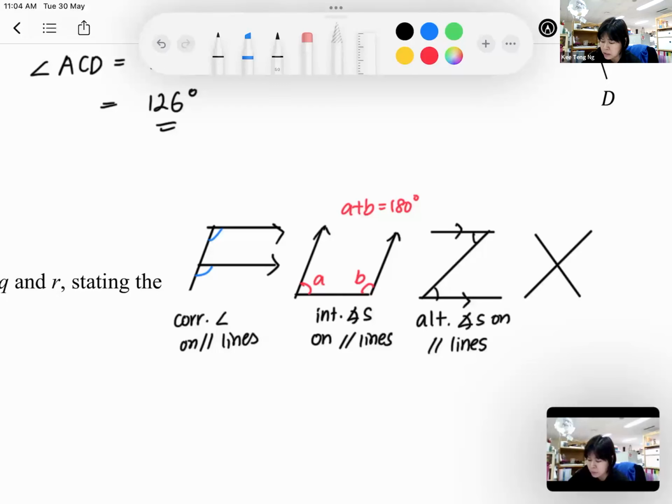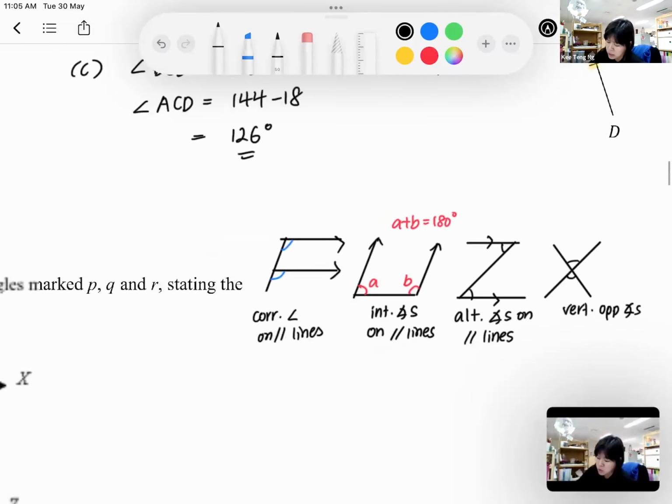Last but not least, this one is vertically opposite angles, no parallel lines needed. So these are the few that are important.